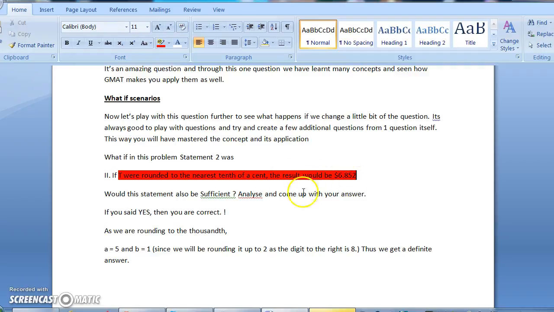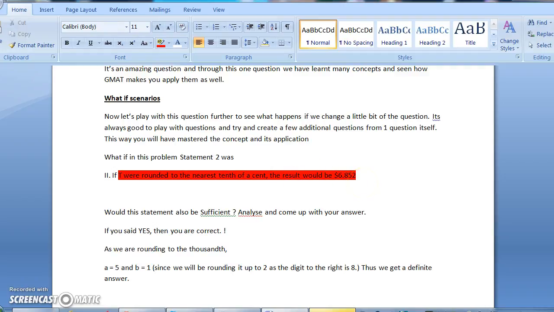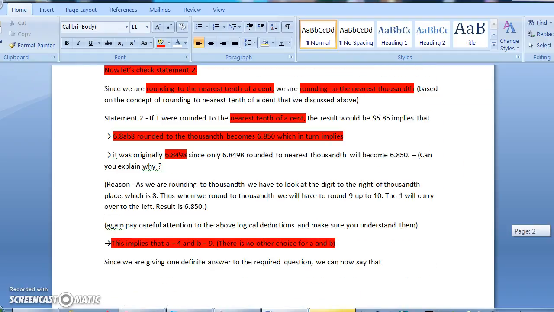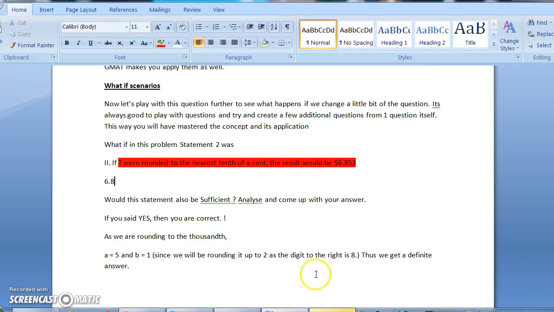Now, going back to the original, which says 6.8AB8, and it is becoming 6.852 when I am rounding to the nearest tenth. Nearest tenth of a cent means the nearest thousandth place. Go to the thousandth place, it is B. B is going to be rounded up because to its right is 8.